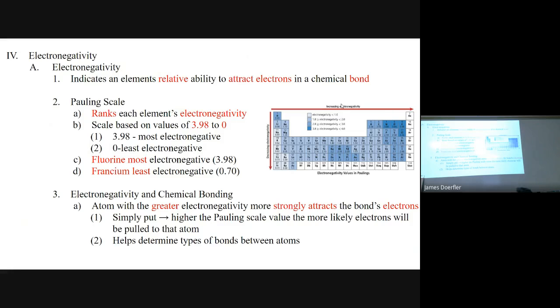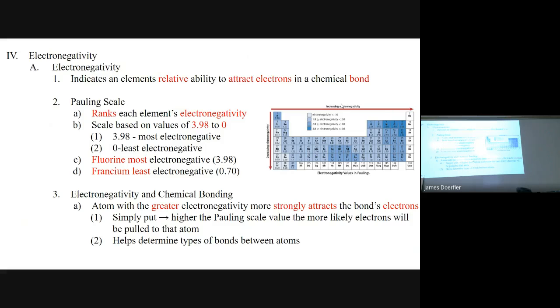The noble gases are considered to have basically a 0 electronegativity value. Fluorine is the greatest, so it's going to have a strong ability to attract electrons. Francium is going to have the smallest besides the noble gases. So the atom with the greater electronegativity is going to more strongly attract the bond's electrons.